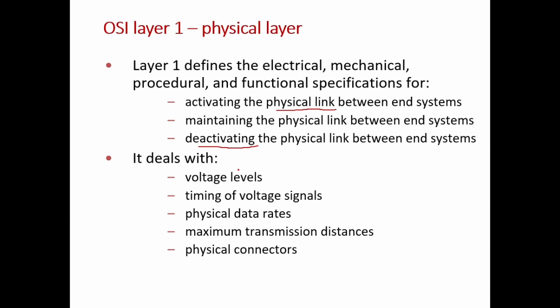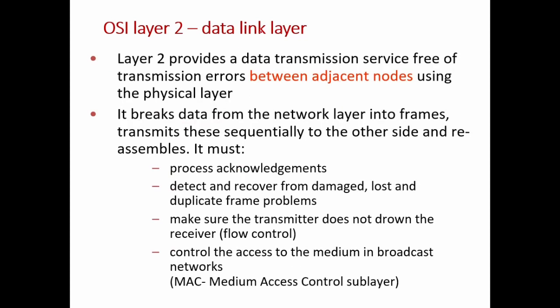So this is a quick introduction, and for each of them we will talk about the details. But what about the second layer? This is the data link layer, and in this layer the transmission of the data is happening. This layer is responsible for the transmission of data between adjacent nodes.